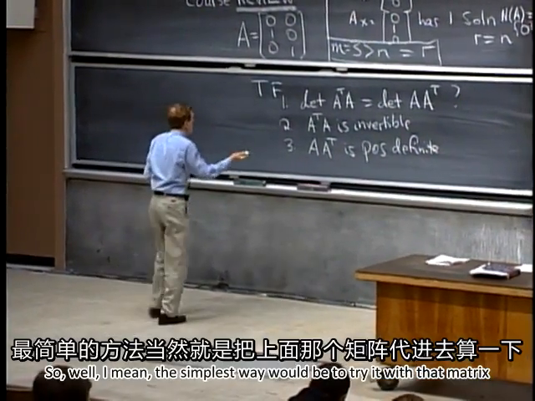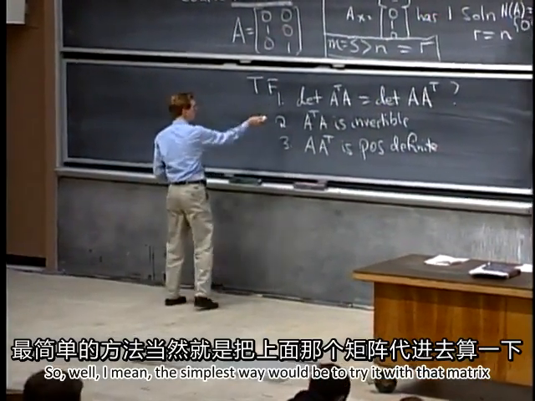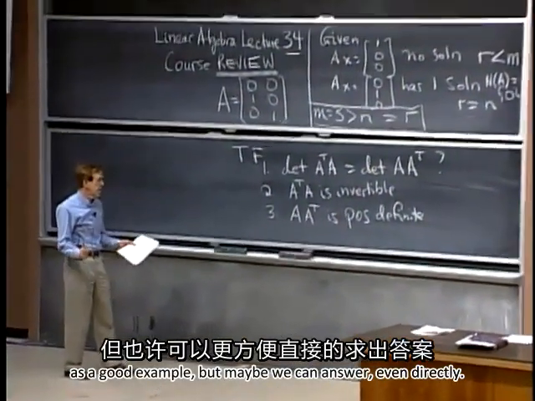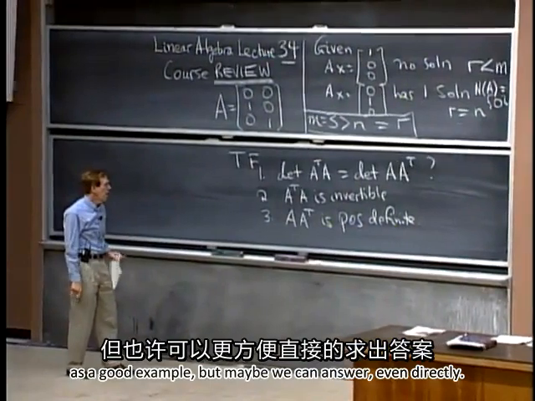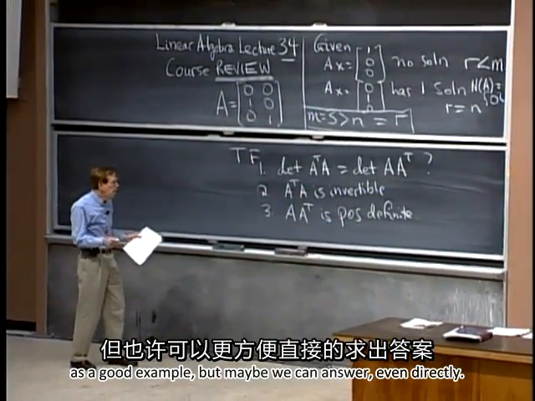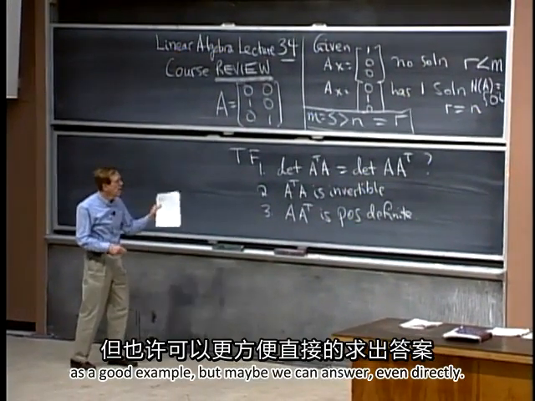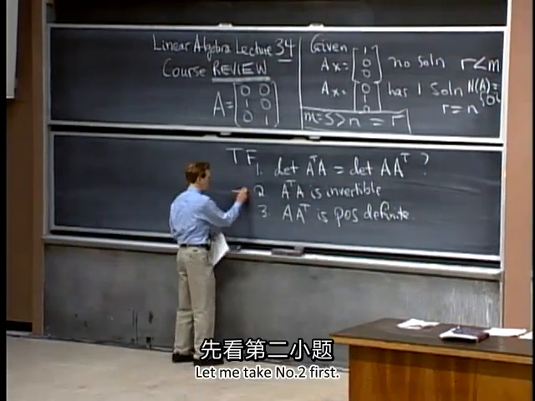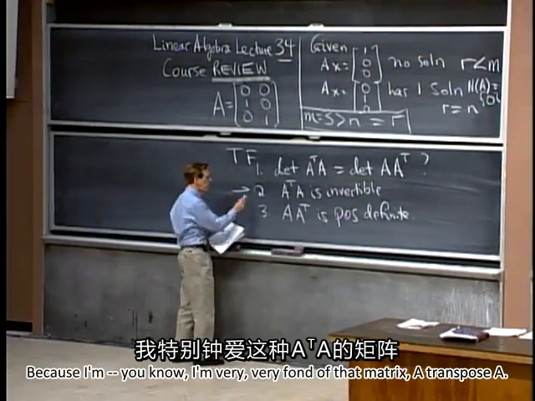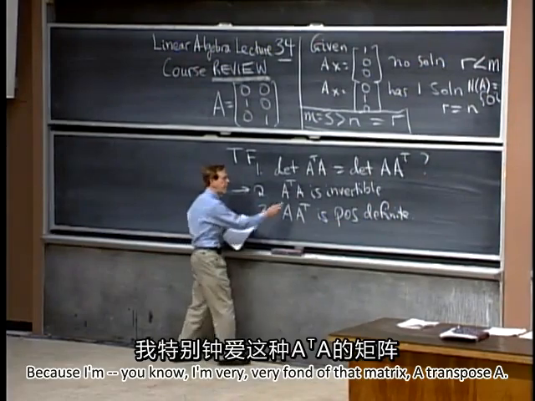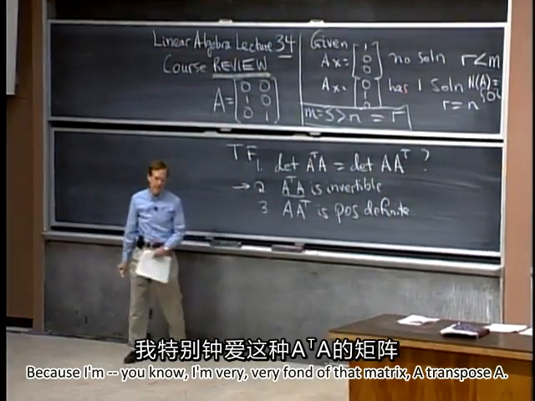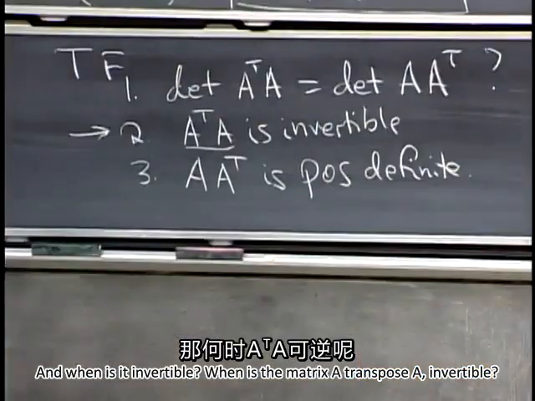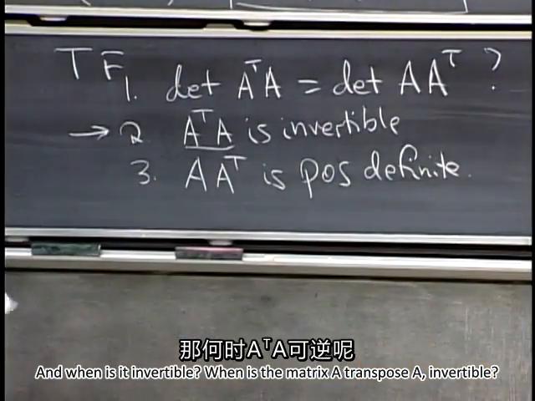Well, I mean, the simplest way would be to try it with that matrix as a good example, but maybe we can answer even directly. Let me take number 2 first, because I'm very, very fond of that matrix, A transpose A. And when is it invertible?